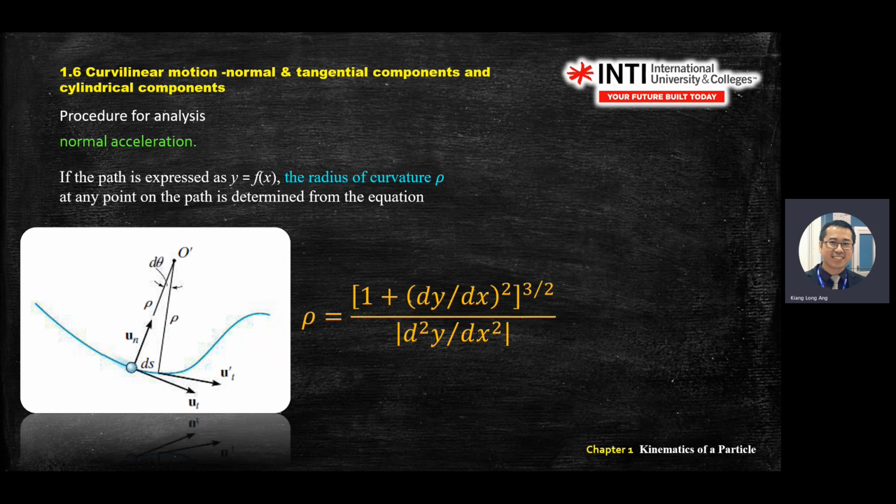Rho equals something very lengthy, and it won't be given in the exam. You need to memorize it. As you can see, the curvature radius equals the top portion, 1 plus the derivative dy/dx to the power 2, in brackets, then to the power 3 over 2, which means you power it by 3 and then square root it.